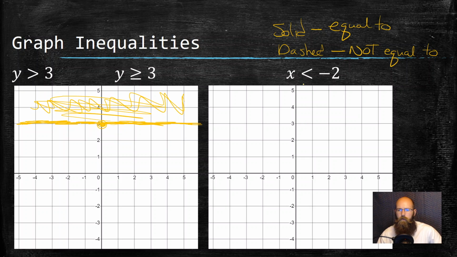All right, so I go to x being -2 right there, and it's going to be a dashed line. And if it's an x something, then it's going to be vertical. If it is a y something, it is horizontal. So x is less than -2. Is that going to be to the left or to the right? What numbers here are less than -2? Well, that's over here with the -3s and -4s.